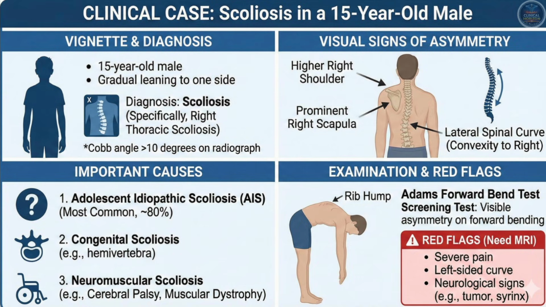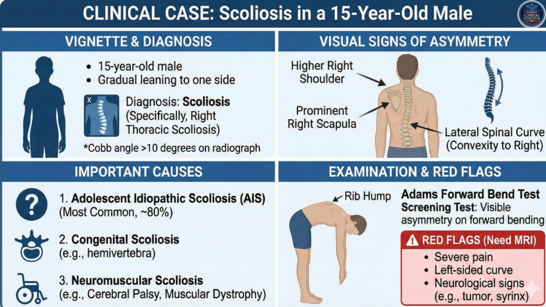Then congenital scoliosis, caused by failure of vertebral formation or segmentation present at birth, such as hemivertebra. Then neuromuscular scoliosis, associated with underlying conditions like cerebral palsy, Duchenne muscular dystrophy, or spinal muscular atrophy.